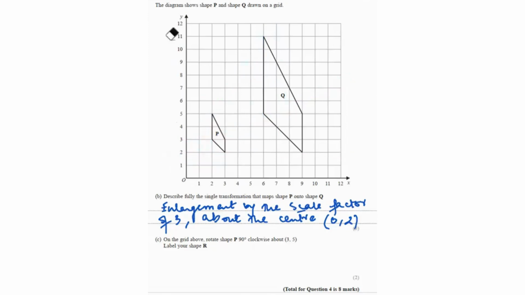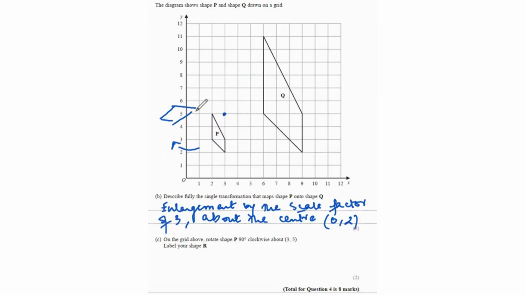So let's remove this. (3, 5) is over here. So we have to rotate shape P 90 degrees clockwise. 90 degree clockwise is going to be in this direction. So our shape is going to look like this.